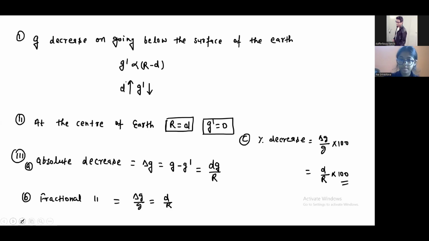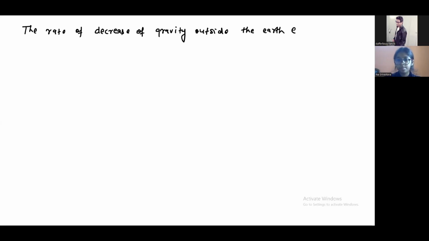Here one thing you observe: the rate of decrease of gravity outside the earth, for h less than R, is double that of inside the earth.